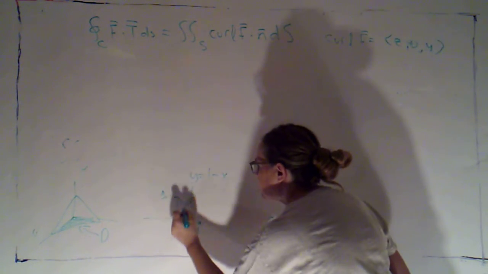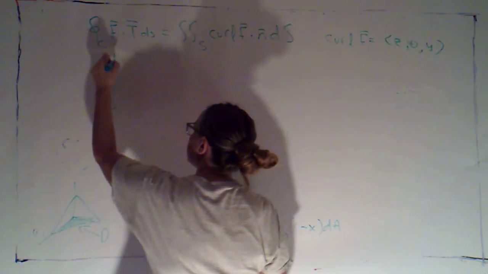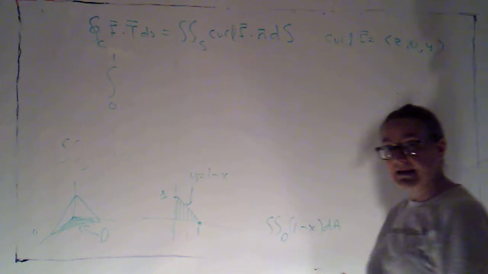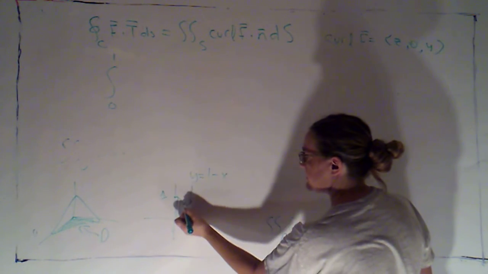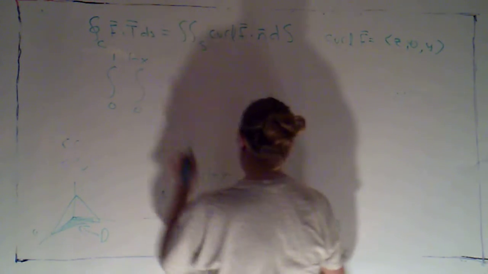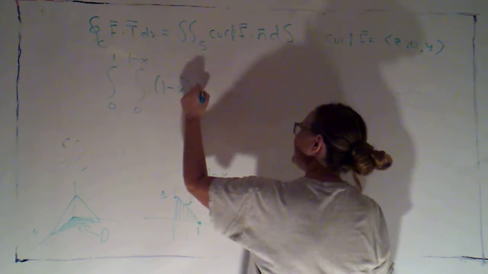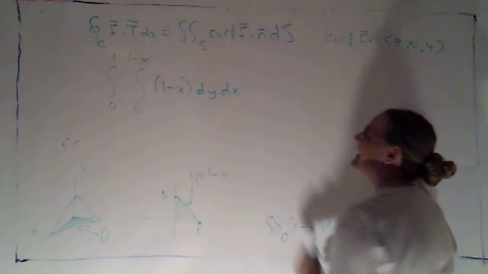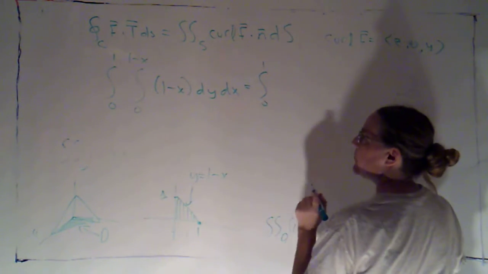So if I slice things this way, I can say, well, my slices start at 0 and go to 1. Those are going to be my x limits of integration. But along each slice, my y value is going from 0 to the y value on that line, so from 0 to 1 minus x. I'm integrating 1 minus x, and that would be dy dx.